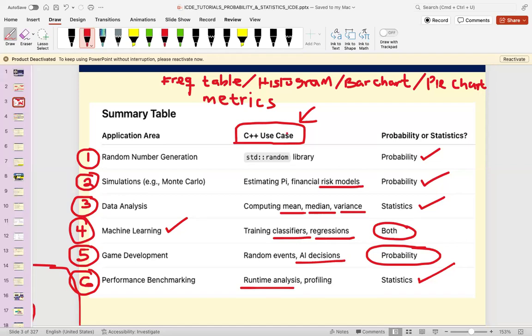Some of the C++ processes depend on probability or statistics or both. And so if we have foundation in this course, it will help us to understand or appreciate the C++ program the more.